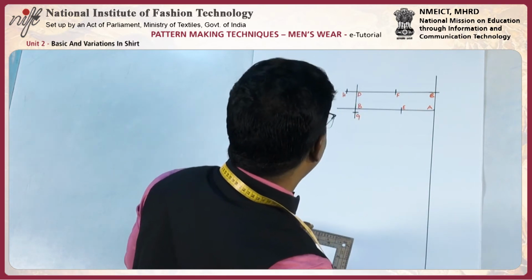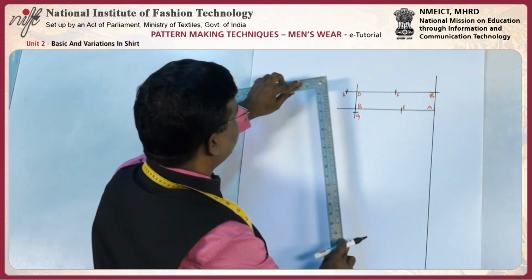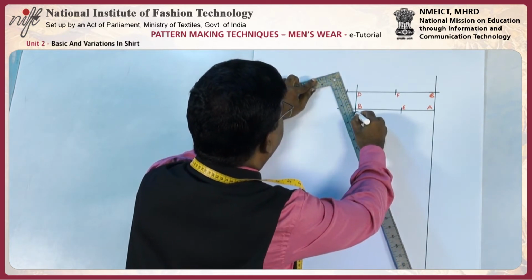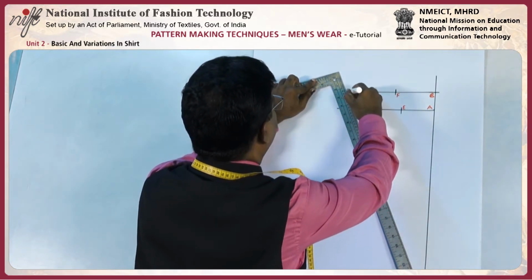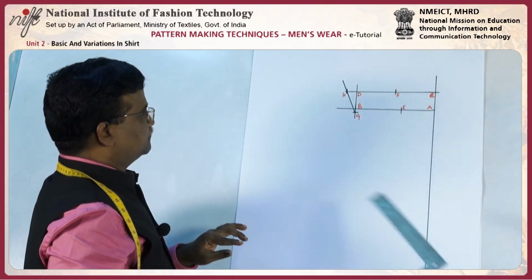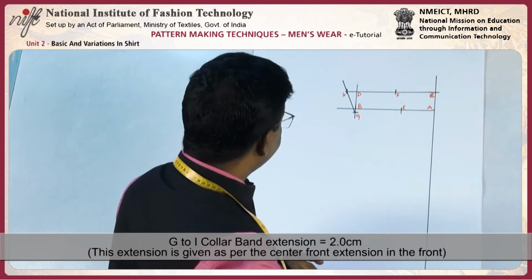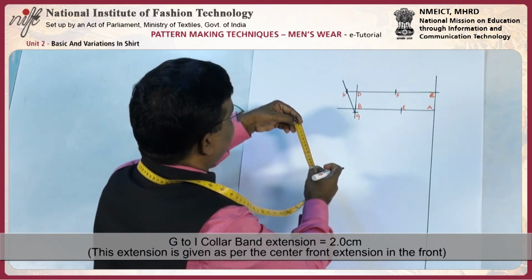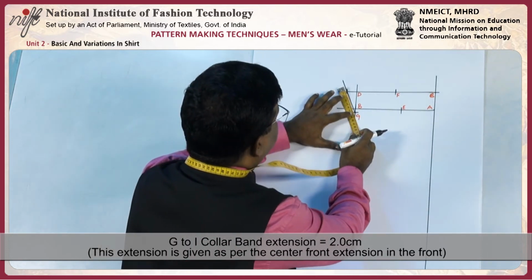Draw a line from G passing through H and extend it. G to I, collar point measurement, 7.5.